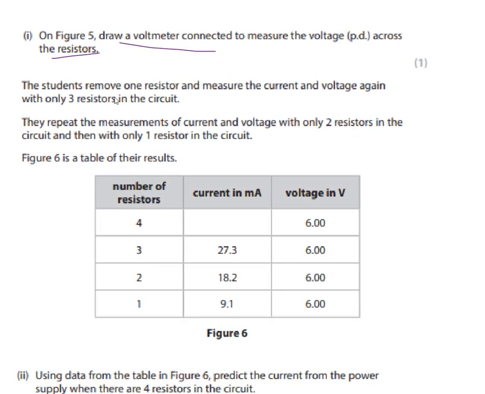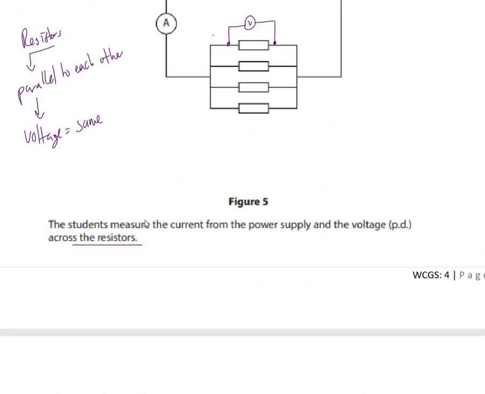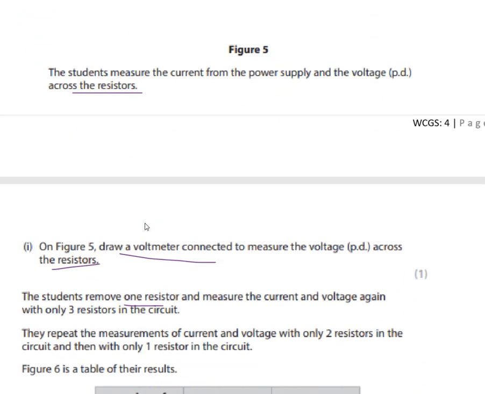Okay, the student removes one resistor, measures the current, and so on and so forth. So what's done? Start with 4 resistors, and the voltage is the same. Now measure the third one. This is the current. Second one. So the student is removing one, and record.